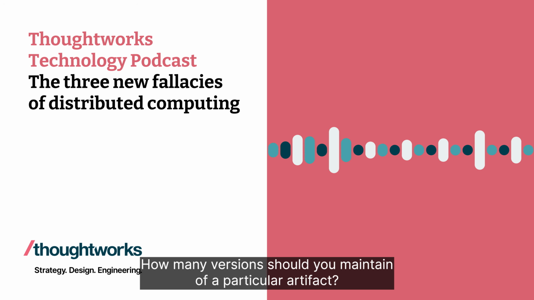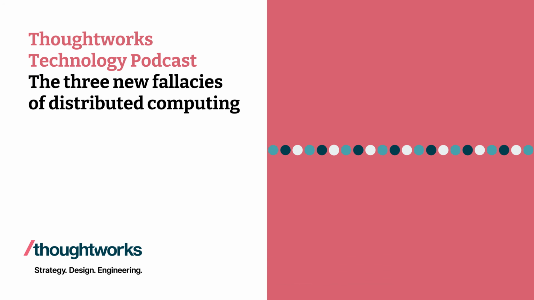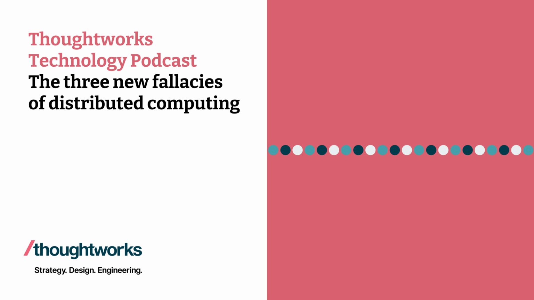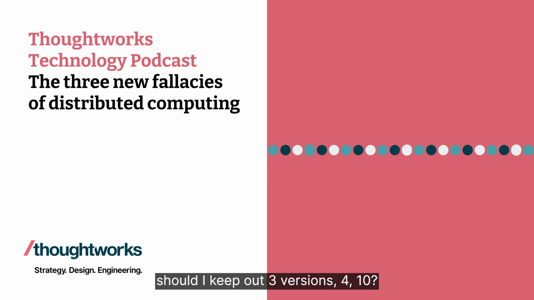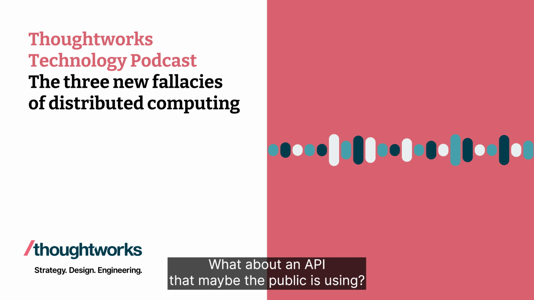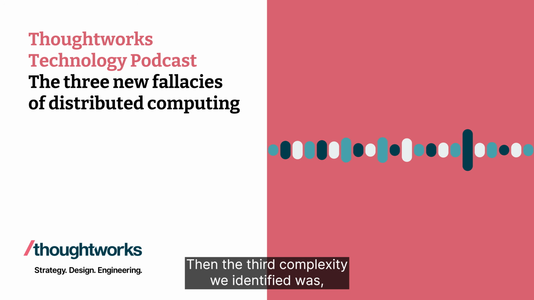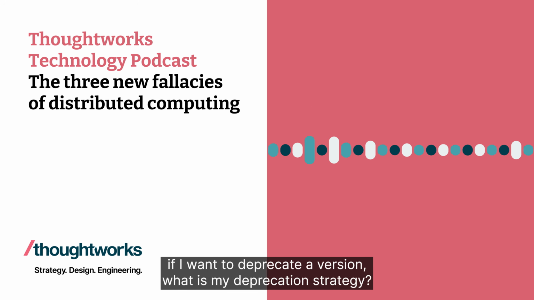How many versions should you maintain of a particular artifact? If I have a shared library, a jar file or a DLL or a gem, should I keep out 3 versions, 4, 10? What about an API that maybe the public is using? And then the third complexity we identified was, if I want to deprecate a version, what is my deprecation strategy?